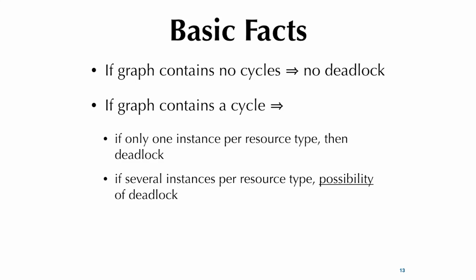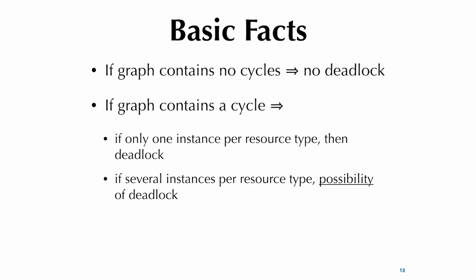Okay, that's that mutual exclusion condition you saw earlier, one of the 4 necessary conditions. But if there are several instances per resource type, and you consider all instances to be equivalent, then there's just the possibility of deadlock, but it doesn't automatically imply deadlock.